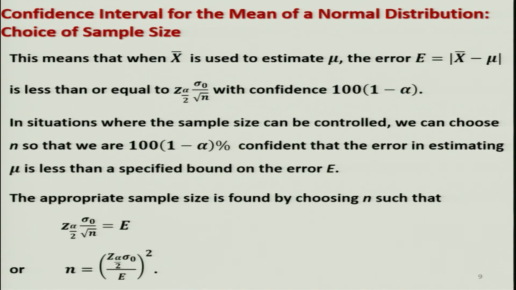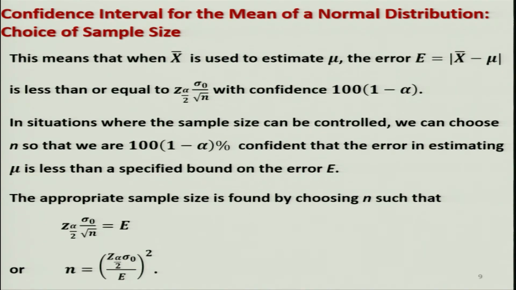So, now you have obtained all these things, and I will show you that this concept of confidence interval also helps in choosing the sample size. That is a very popular utility of this confidence interval.